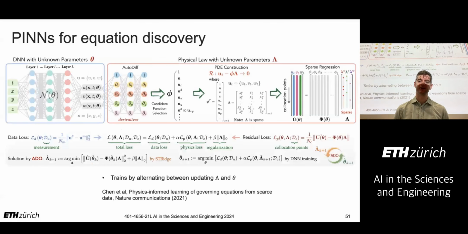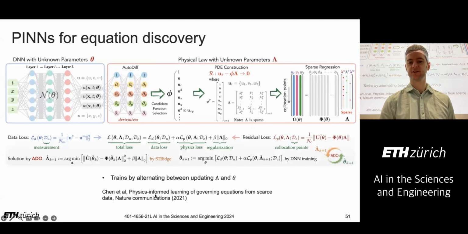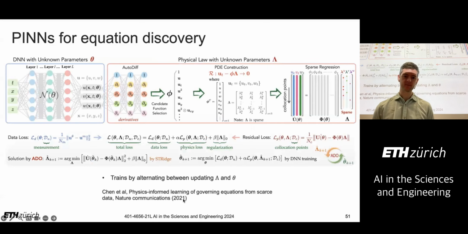So this is a paper that did exactly the process that I just described. It came out in Nature Communications a couple of years ago. They have a data loss where they're matching the network solutions to some observational data. Then they have the physics loss, which is minimizing the PDE residual, but using this library of operators and trying to learn the coefficients of those operators.